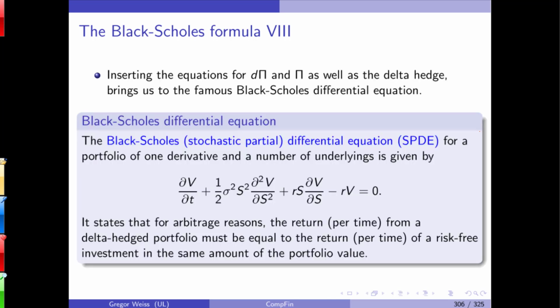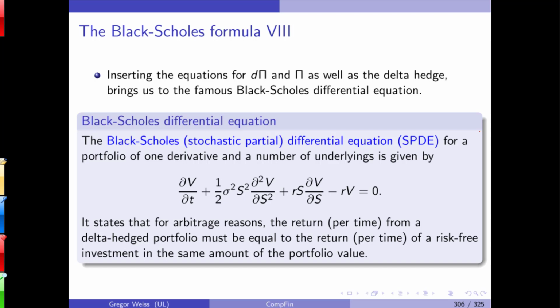you get the Black-Scholes differential equation, die Black-Scholes Differentialgleichung. In fact, it's a stochastic partial differential equation. It's a differential equation, meaning it's an equation that includes derivatives, function derivatives, differential quotients. It's a partial differential equation because it includes partial derivatives, and it's stochastic because it includes random variables.